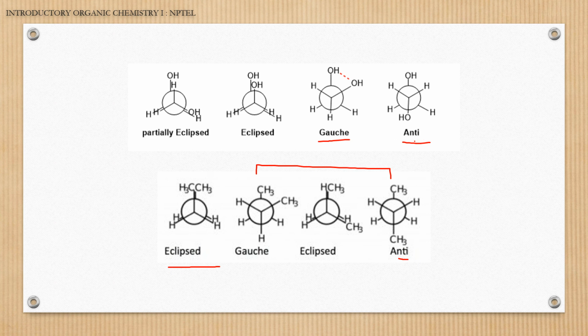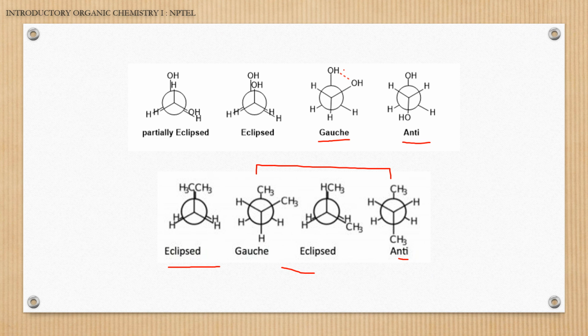The linear concept is this, but if you have two hydroxy groups that are present at 60 degrees to each other in the Gauss conformation, they will show hydrogen bonding, and this hydrogen bonding will give more stability to this particular conformation. So now the anti conformation becomes less stable than the Gauss conformation, right? This is how you have to think about it. Is it understood to all of you?